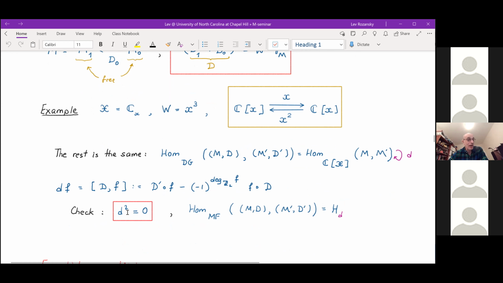So the funny fact is that this differential, the commutator, squares to 0. This is a consequence of the Jacobi identity and of the fact that W commutes with everybody.